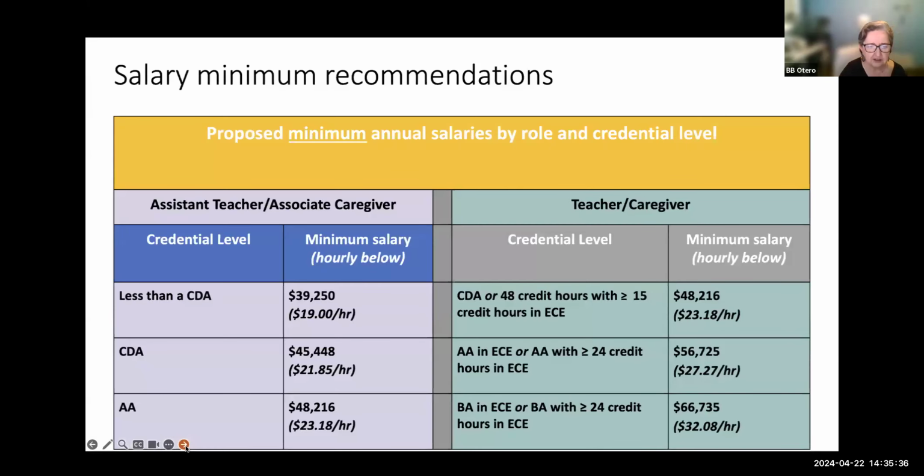And so you can see here what the salary basis was for assistant teachers and for lead teachers, and with a CDA, with an AA, and with a BA. So it's a huge shift in, all of a sudden seeing teachers making $66,000 a year in a childcare setting. That was unheard of. Next.